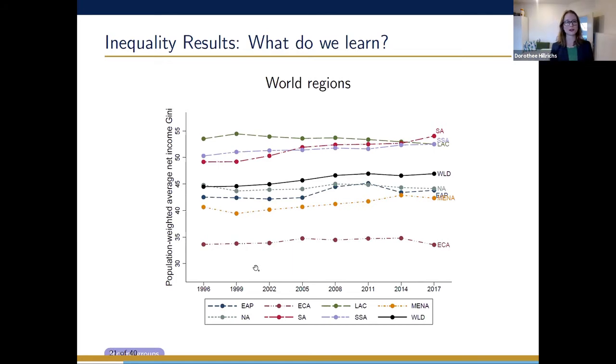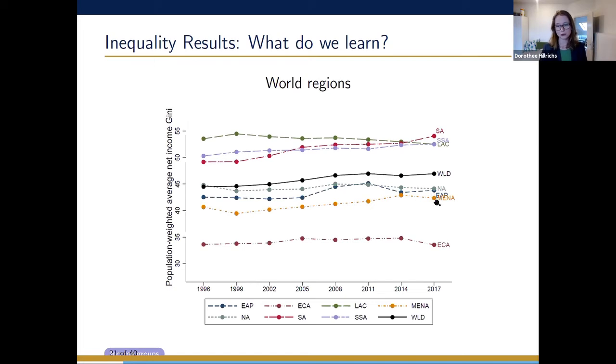And so now we can learn new things. We can make new comparisons across world regions that previously had mostly data that was not comparable, for example only consumption or only income inequality data. And what we see is that we have these three groups. On the bottom, the least unequal is Europe and Central Asia.